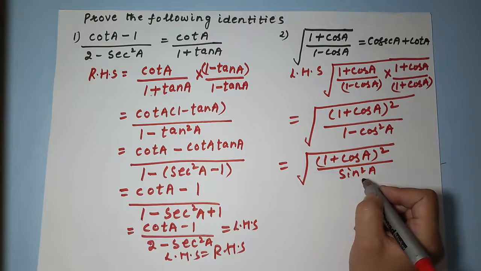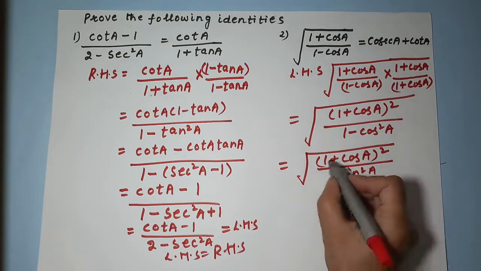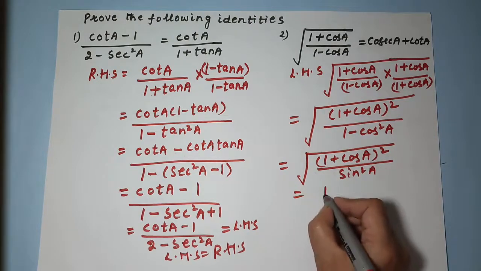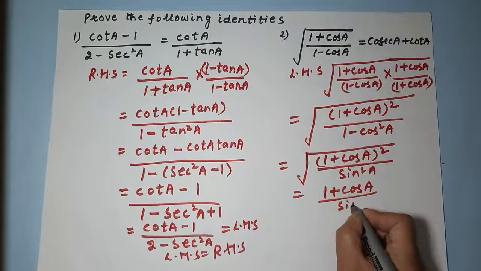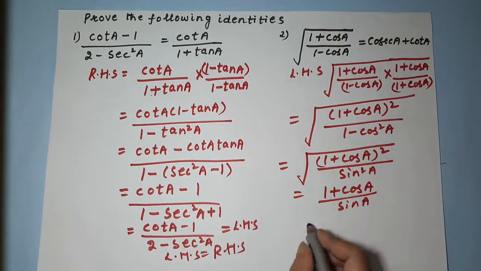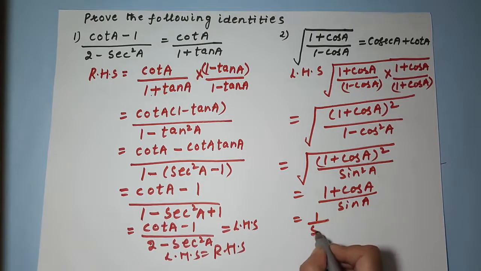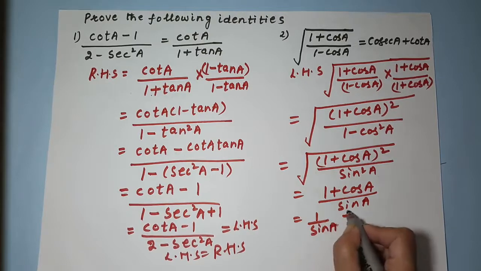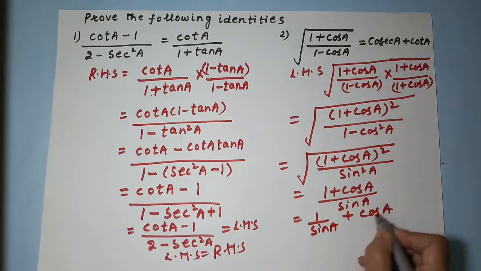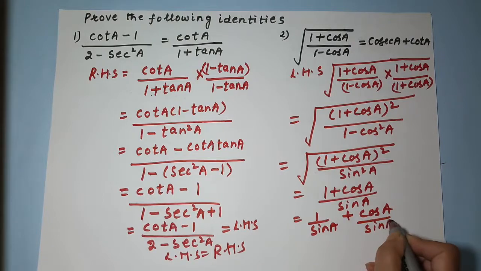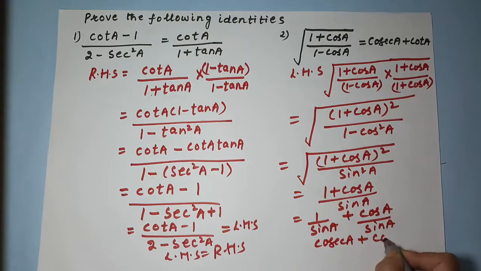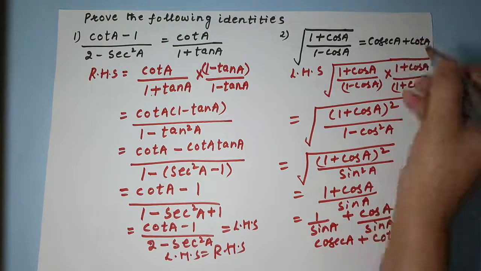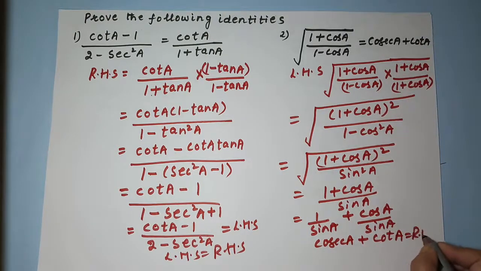Now, this will come out of the square root, right? I will get (1 plus cos A) upon sin A. So if I split this and write this as 1 upon sin A plus cos A upon sin A, this becomes cosec A, and this becomes cot A. That was my right hand side.